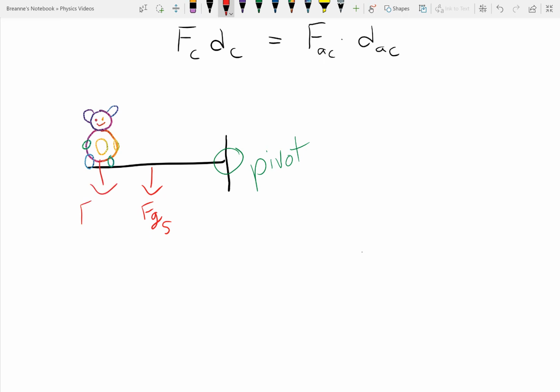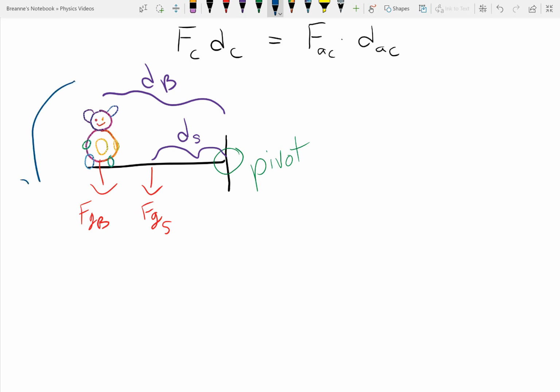So then you have the force of gravity of the bear. And you would have to find the distance between those two objects. So this would be your distance of the shelf, and this would be the distance of the bear.